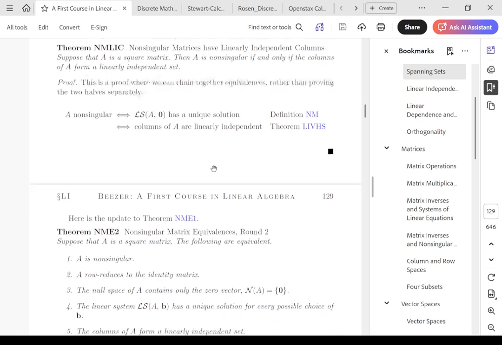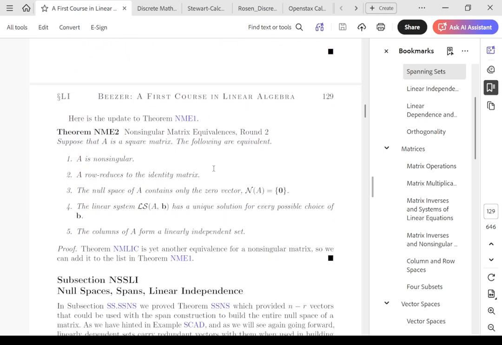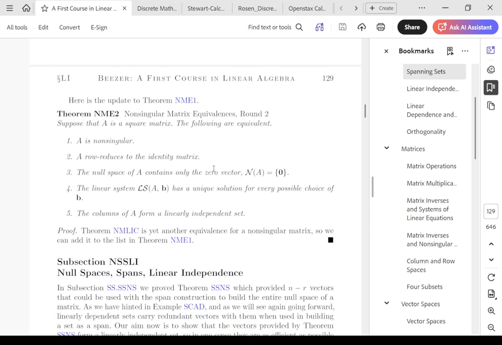All right, so let's take a look at this theorem NME2. In a previous section, we made a connection between these four different properties, which we said were equivalent. When I say that these are equivalent, I mean if I know one is true, then the others follow.